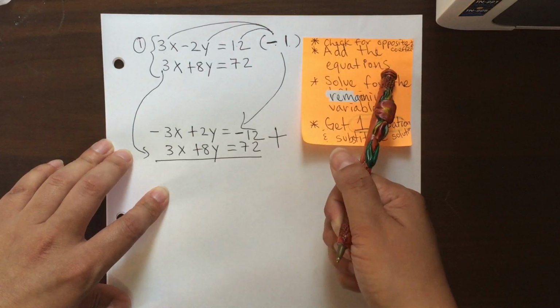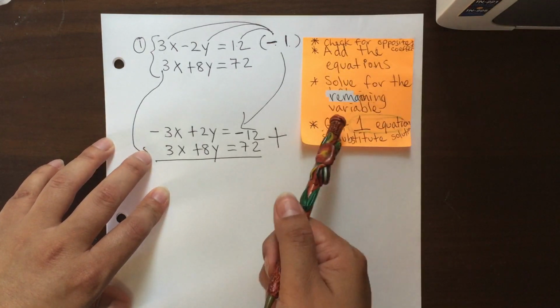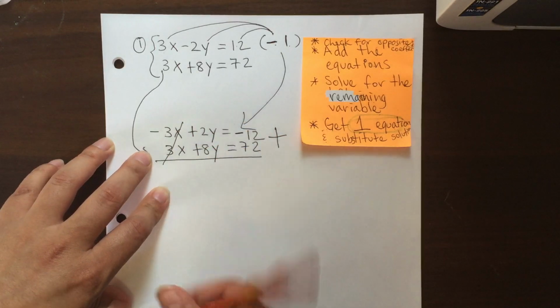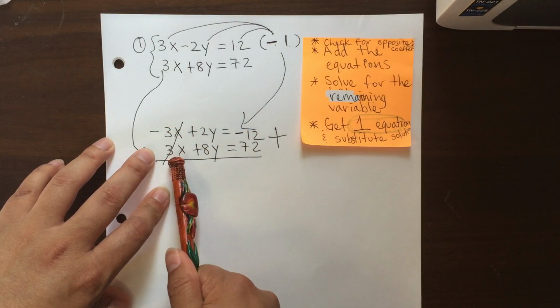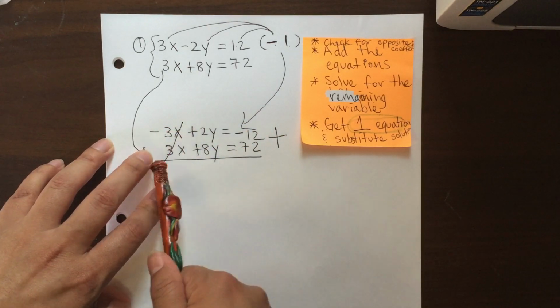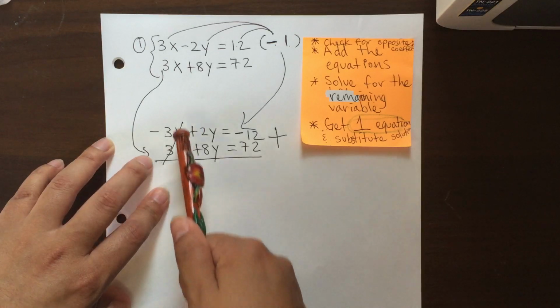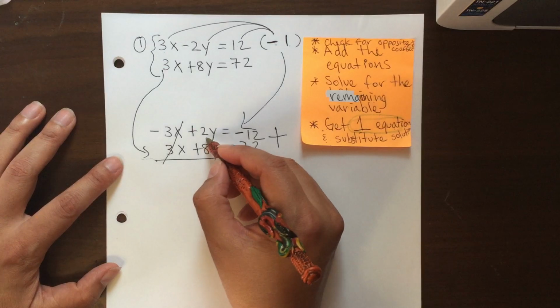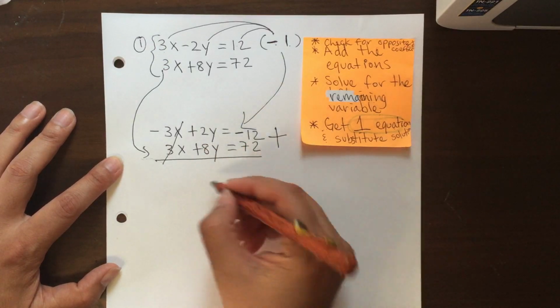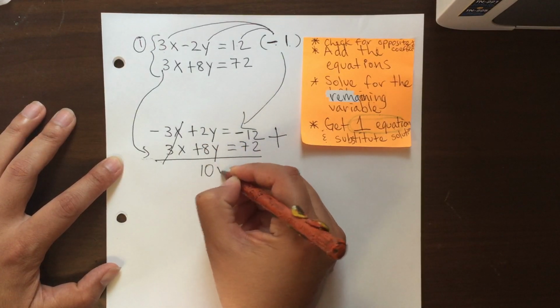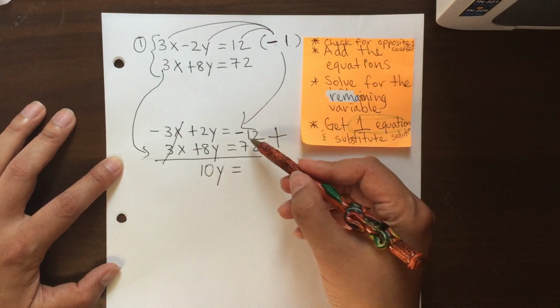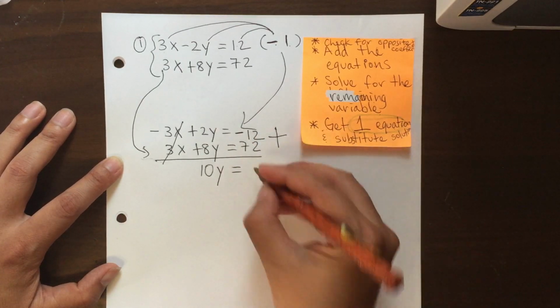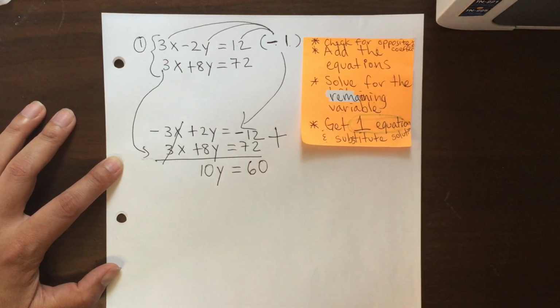Add the equations is the next step. And when I add them, one of the variables eliminates, because if I owe 3 boxes and I have 3 boxes, then that's even to 0. And then I have 2y plus 8y, that will be 10y equals, if I add -12 and 72, that makes +60.